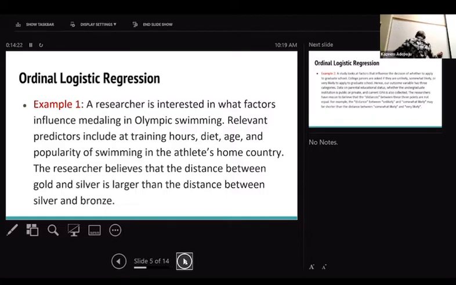Another example is maybe a marketing firm conducts a research to determine factors that determine the size of soda. The size of soda is Y, that you're going to order from a food restaurant. The size of soda could be small, medium, large, extra large.